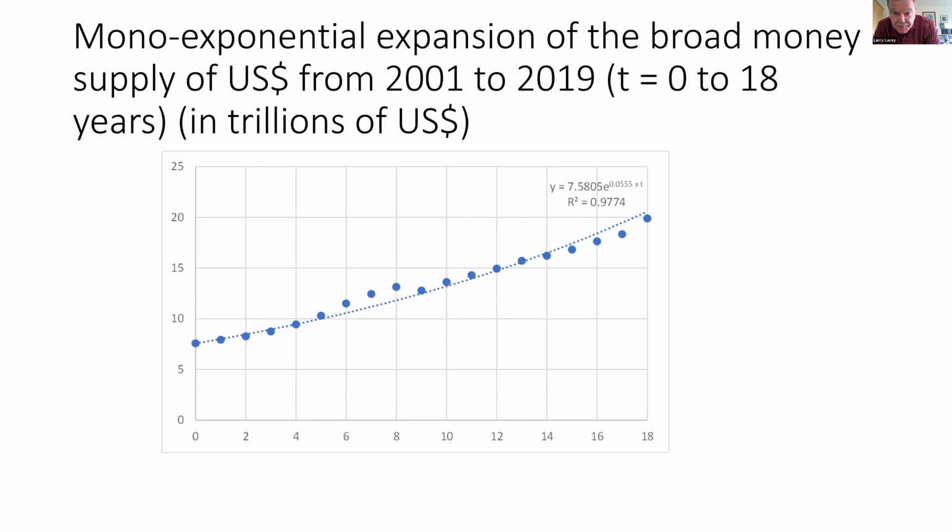Now, I purposely chose 2001 to 2019 for a simple reason. In the middle of that time series, you may recall back in 2007-8, we had a slight problem where the banking system went into cardiac arrest. So that's why I chose it, because it's not your typical 20-year period.